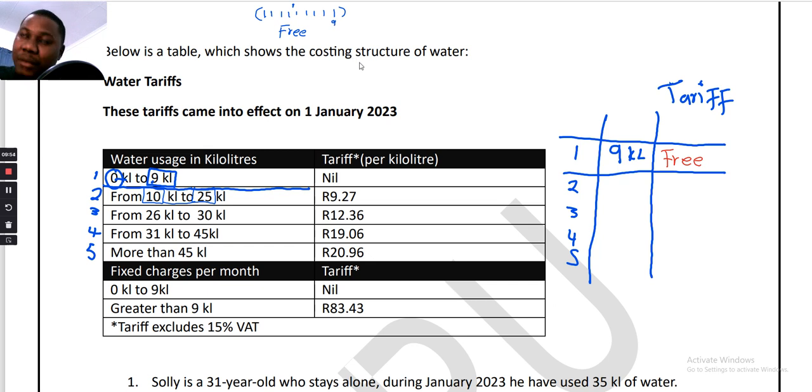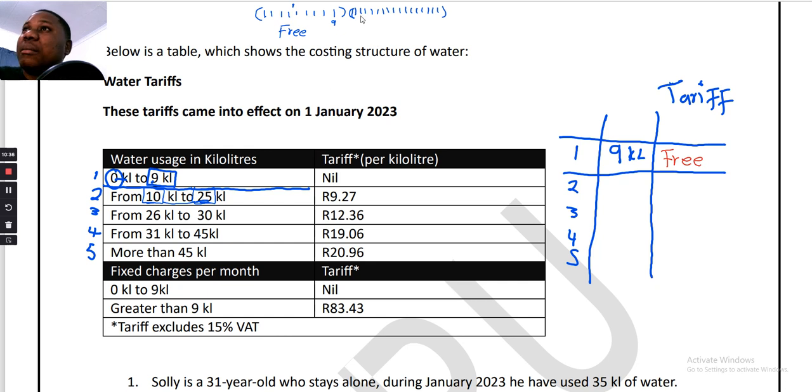So when we go to block number 2, we start at 10, 11, 12, 13, 14, 15, 16, 17, 18, 19, 20, 21, 22, 23, 24, 25. And then we stop, because block number 2 says we must count from 10 up until 25. That is block number 2.